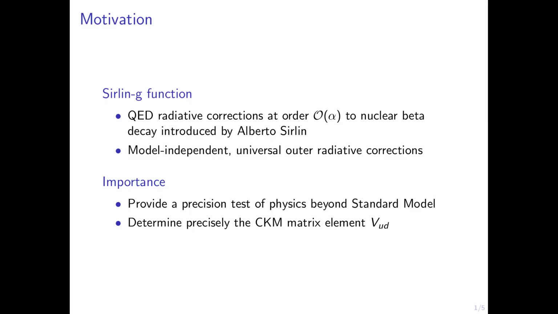The Sirlin-g function is model independent since it describes the radiative corrections between the outgoing electron and the proton, so it should be universal and not related to the nuclear models. Investigating it provides a precision test of physics beyond the Standard Model and determines precisely the CKM matrix element V_ud.